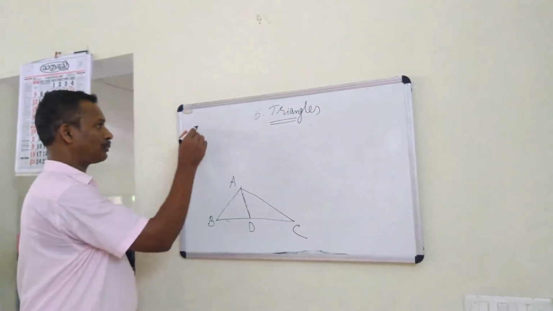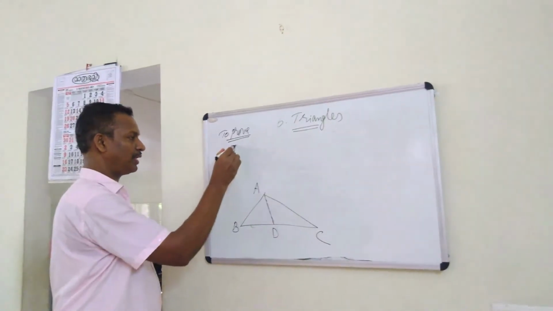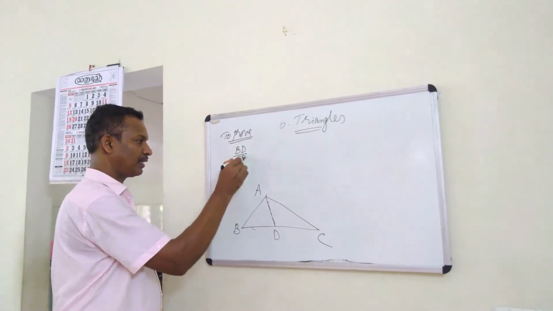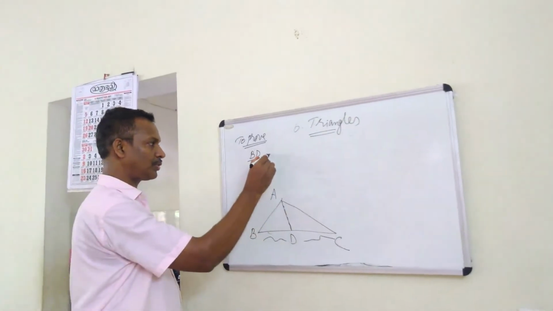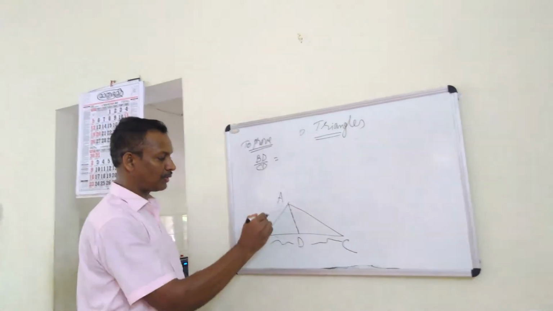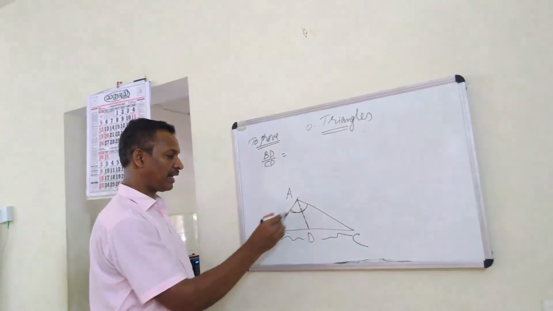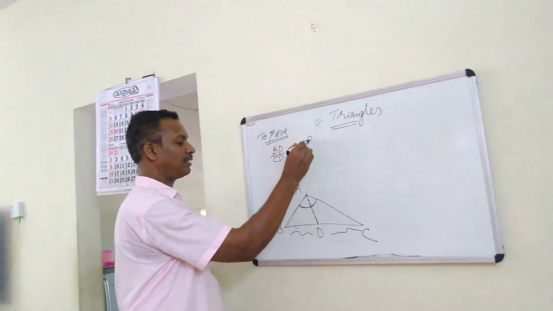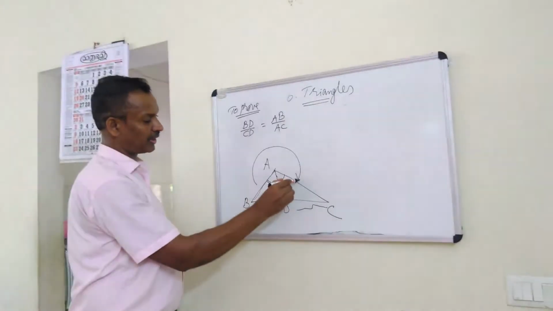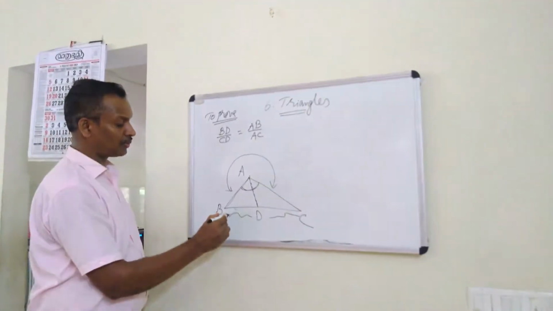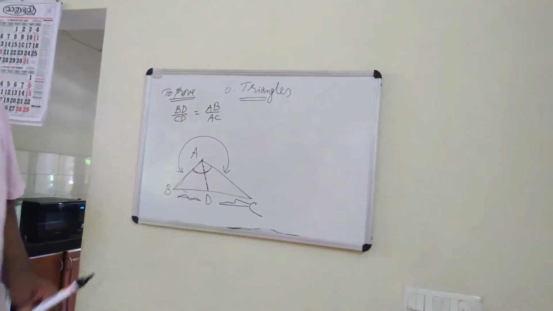What we have to prove is that BD by CD, the ratio in which the opposite side is divided, is equal to the ratio of the sides which make angle A, that is AB and AC. These two sides' ratio will be equal to the ratio with which the opposite side is divided.